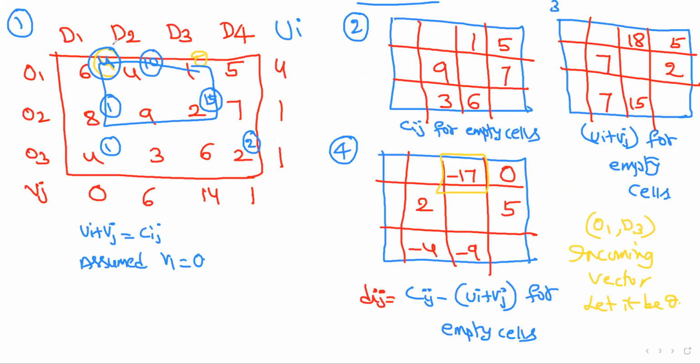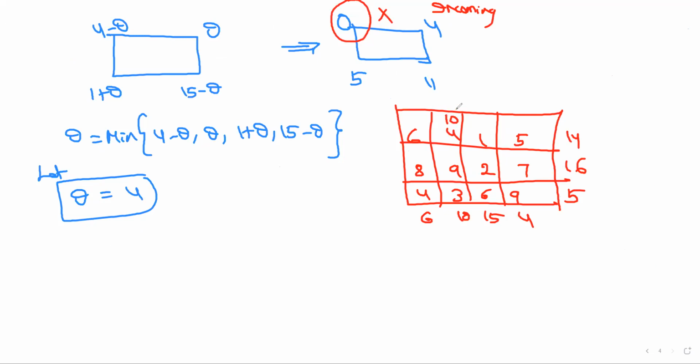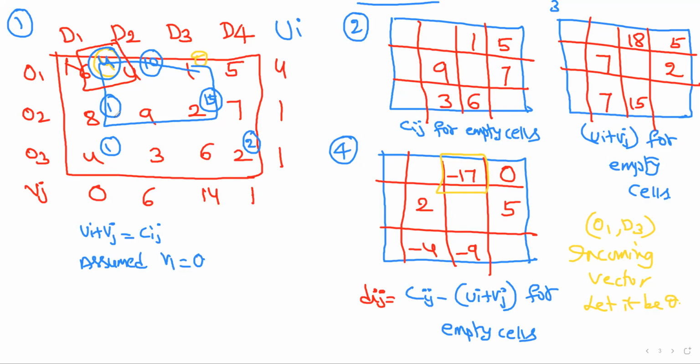Now right here, this is outgoing because we got 4 minus 4, 0. Leave it. So here this is 10, 4. Next, this 1 becomes 5 because 1 plus 4 is 5. This is 5 and this is 10.